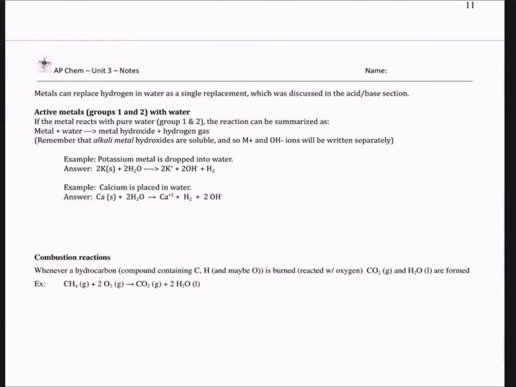Okay, so whatever the metal is, any one of the group 1 or group 2 metals, they're going to react with water, and you will get a metal hydroxide and hydrogen gas. Right? We did this.